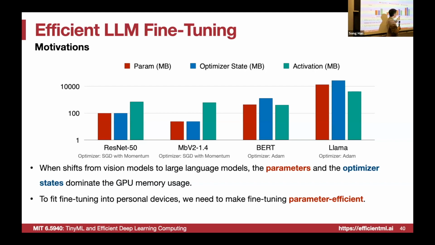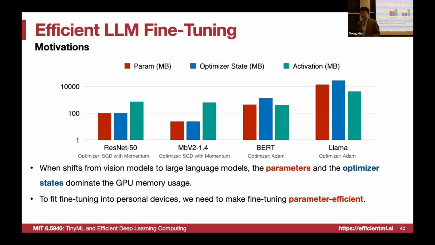But in language models, especially large language models, the model size and also the optimizer state are much larger than the activation. The Llama model is like 7 billion parameters, 70 billion parameters. The activation is relatively small compared with that. And since we have to use second-order optimizers like Adam, the optimizer state is usually 2x or even larger compared with the weight itself.